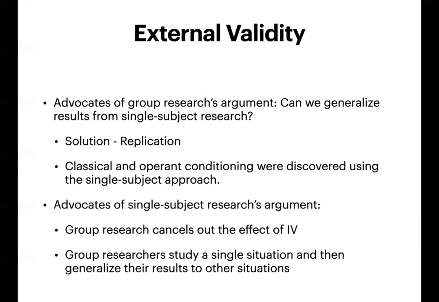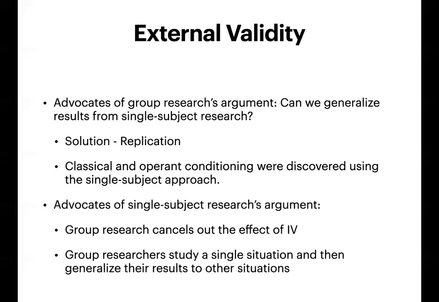A common point of disagreement between single subject and group researchers involves external validity, which is the degree to which study results can be applied to larger populations beyond the specific individuals or situations studied.